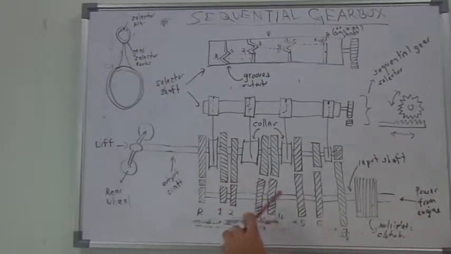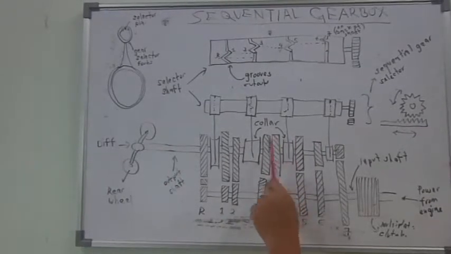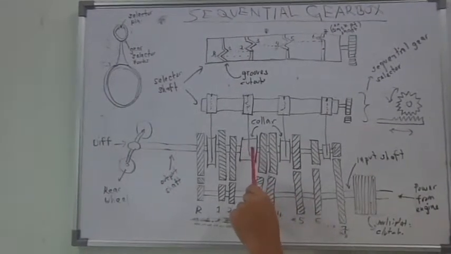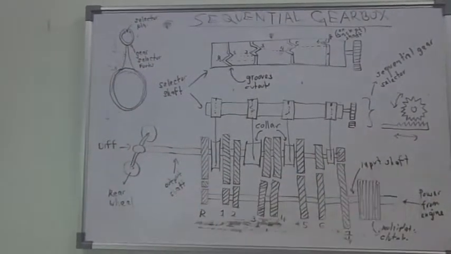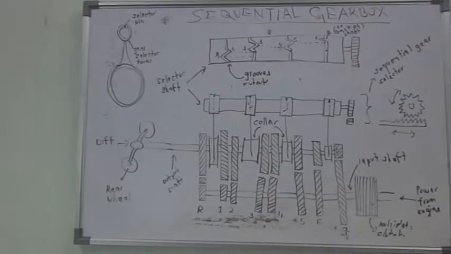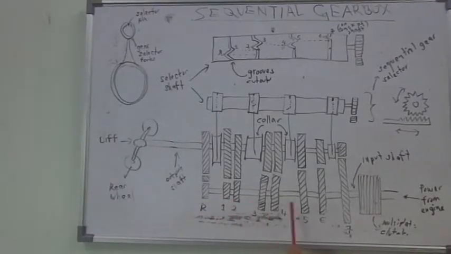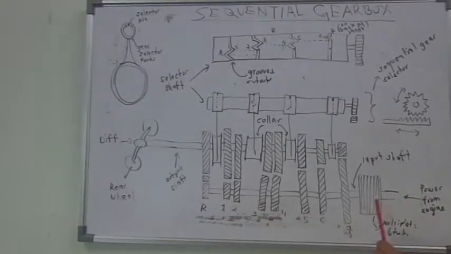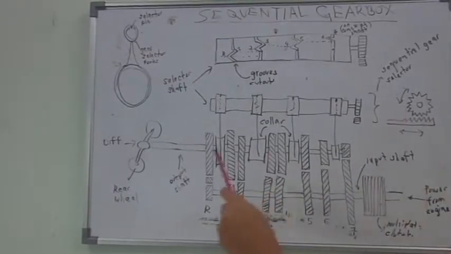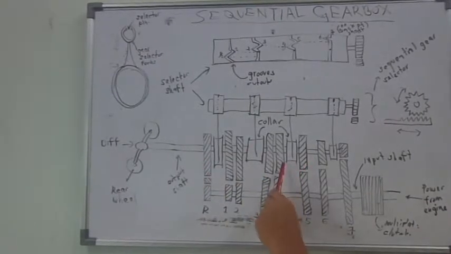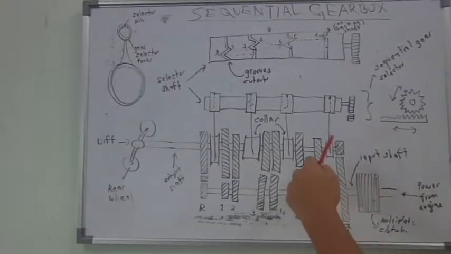And as we can see, these gears have a collar here. You can see the collar is connected to the output shaft, the differential and the rear wheel. So the black gear here is connected to the output shaft and is rotating together at all times. The same goes for the output shaft, the gear and the collar here are rotating together.